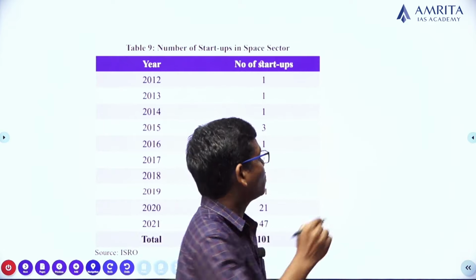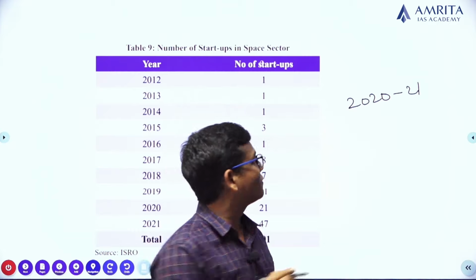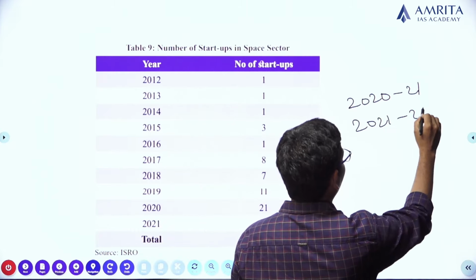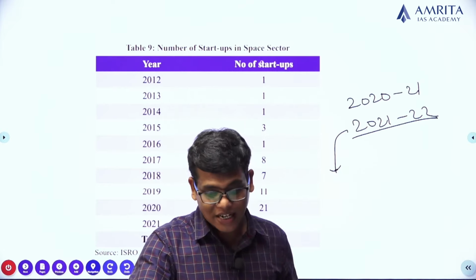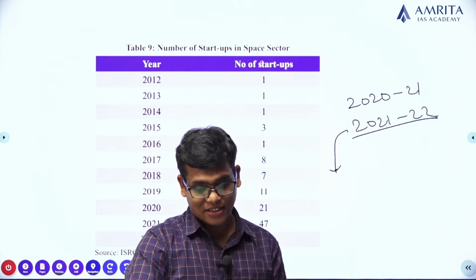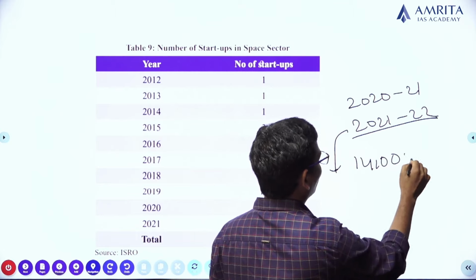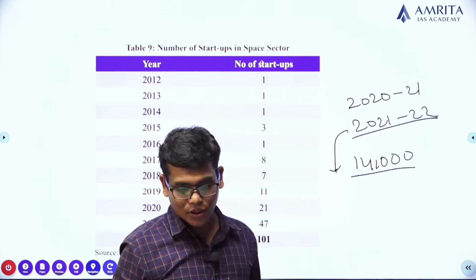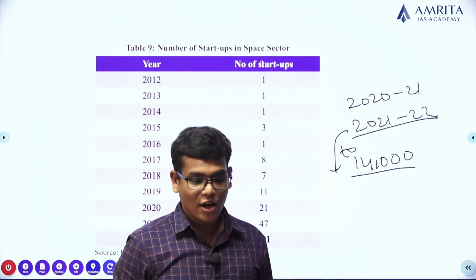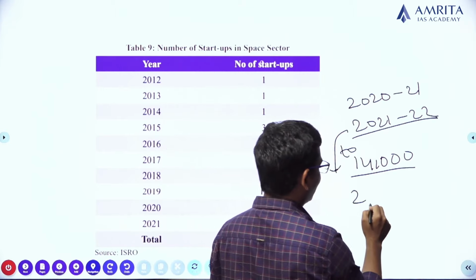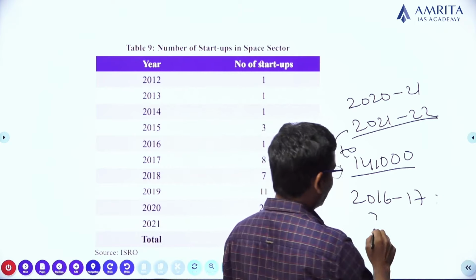If you look at 2020-21 and take the case of 21-22, in the year 2021-22 the number of new recognized startups increased to over 14,000, whereas in the year 2016-17 there were only 733.